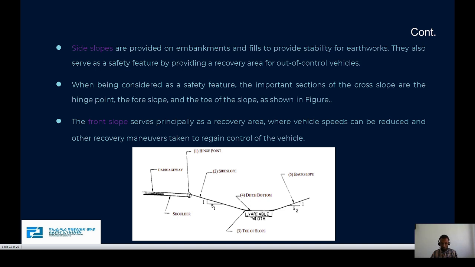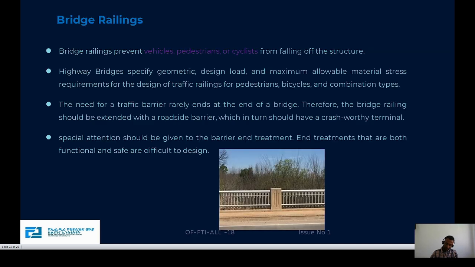It is related to the sliding phase, and it is also very important for safety issues. Out-of-control vehicles use it as a recovery area. Front slope surfaces are principally recovery areas where the vehicle's speed can be reduced, and the vehicle can recover.